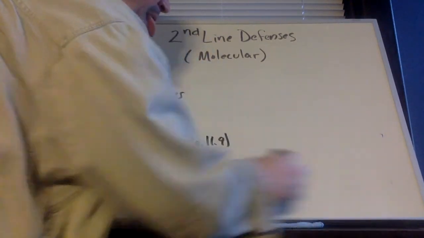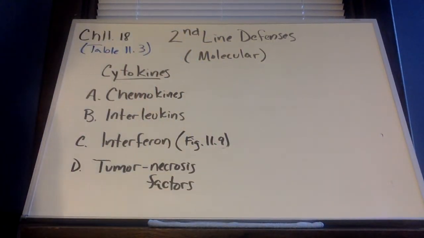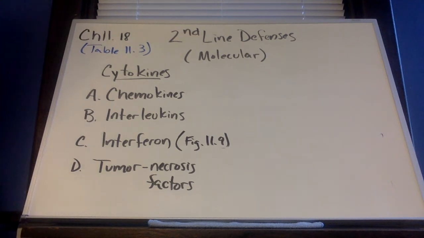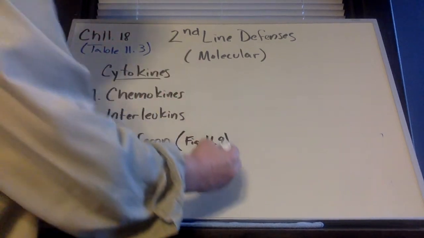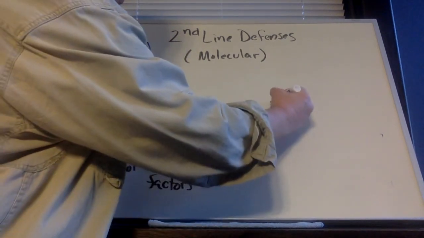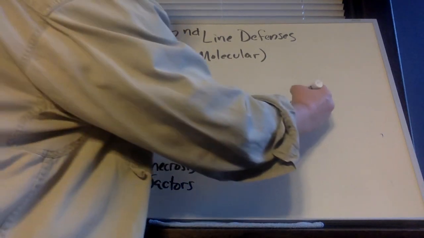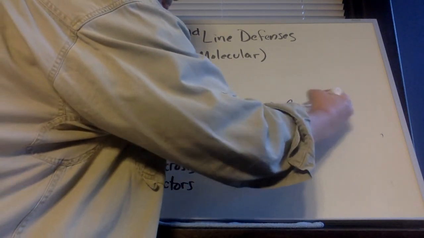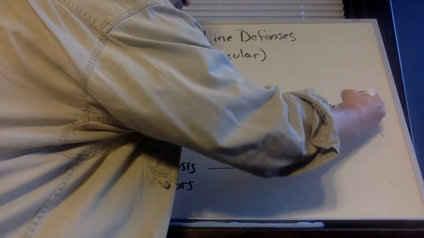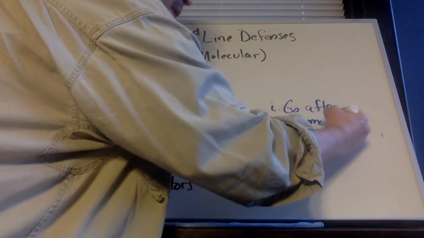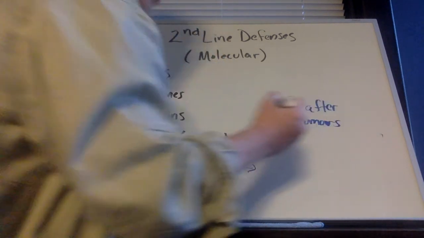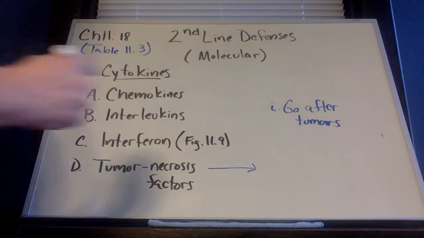are the tumor necrosis factors. These are going to have two different things. One of the things, as the name implies, these are specialists for going after tumor cells. Those aren't pathogens, but they are still cells that have gone rogue and have to be dealt with.